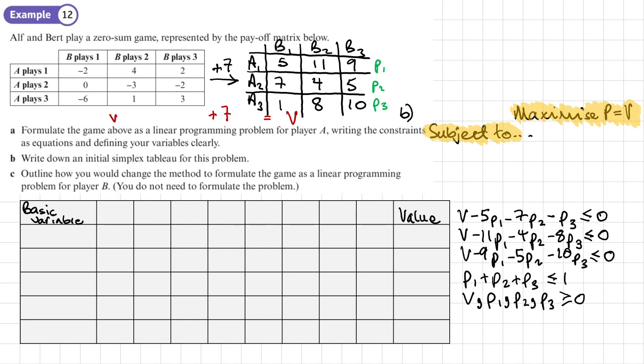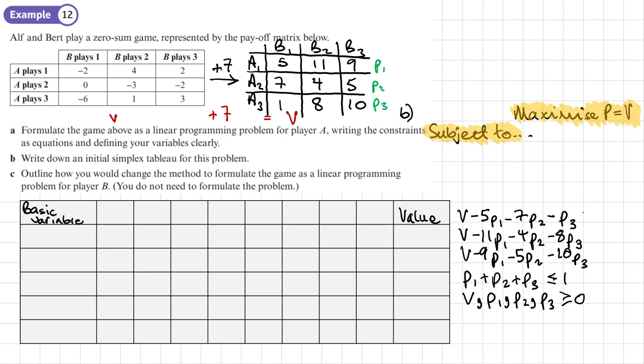The first thing is that our inequalities here need to be equal to 0, and to allow that to happen we need to add a slack variable. So let's do that to our first 3 inequalities. Now normally we start with the letter R in the alphabet, S, T, U and so on.